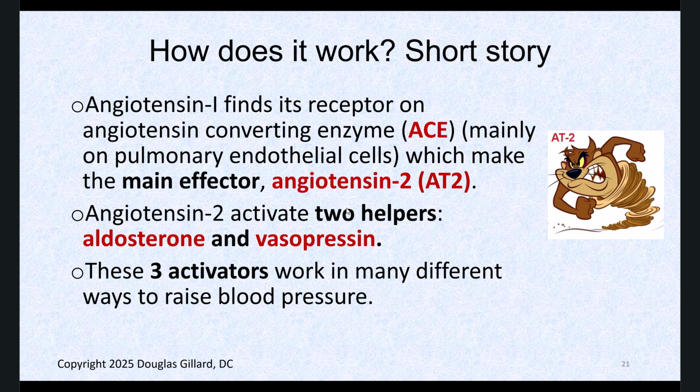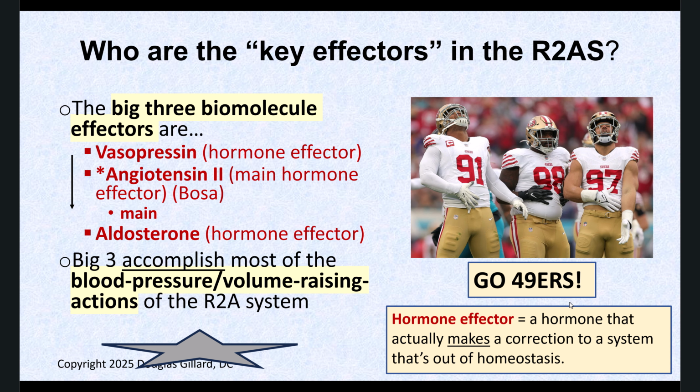So these 3 are the main effectors of the RAAS system, with angiotensin 2 being the king. A few years ago, this was the big defensive line, which is destroyed now.